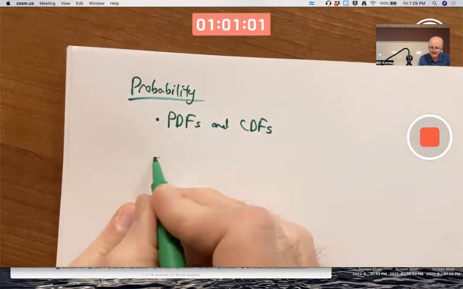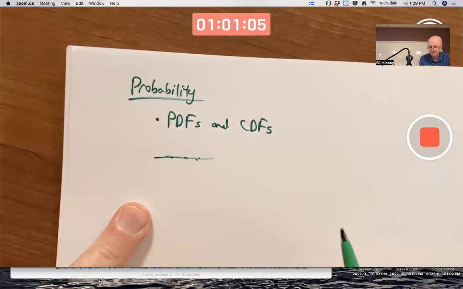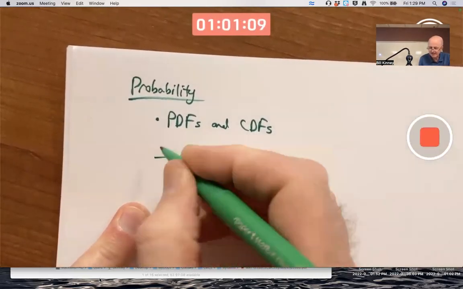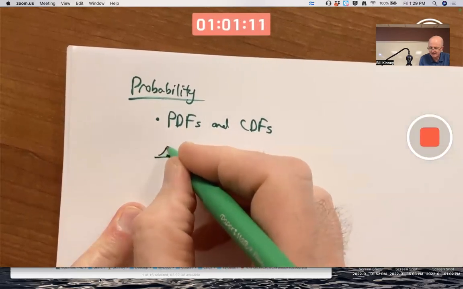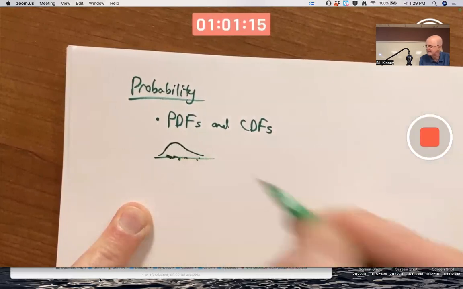With probability density functions, you're more thinking about data and how dense the data is. Maybe it's denser over here than it is over here, and the PDF you would create to model that would be higher where the data are denser and lower where the data are less dense.